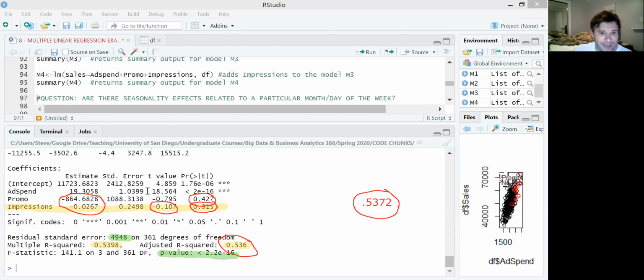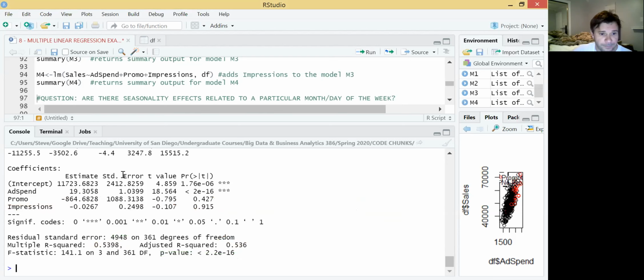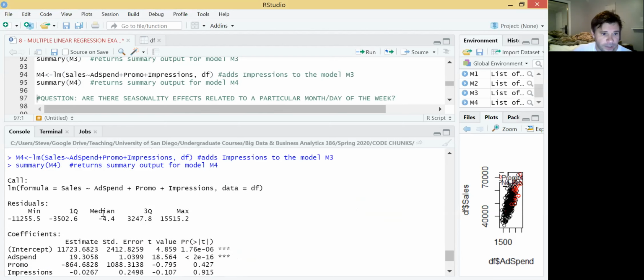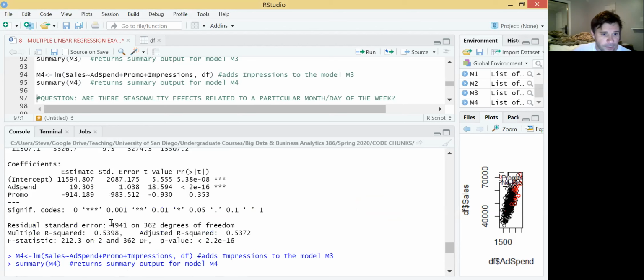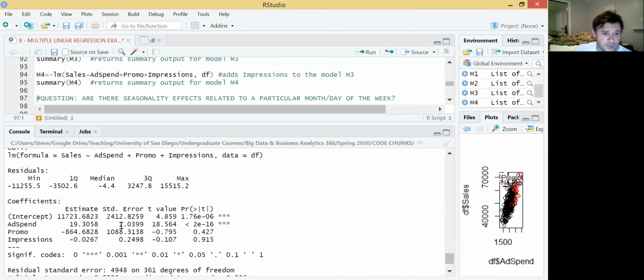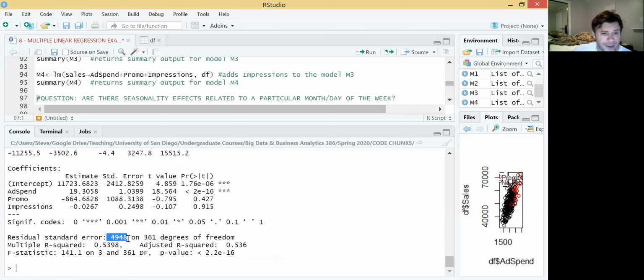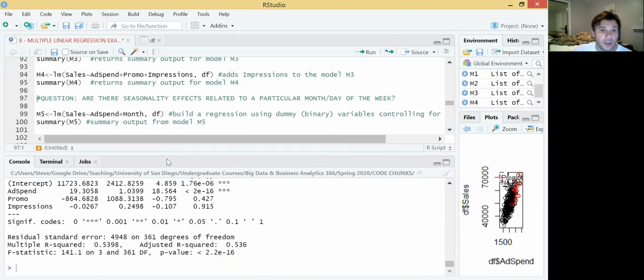If we just go back up to model 3's output briefly here, 4941. So our residual standard error is even a little higher in model 4, 4941 up to 4948. Again, indicative that maybe model 4 is not as good of a candidate compared to model 3 in terms of fitting the data well.